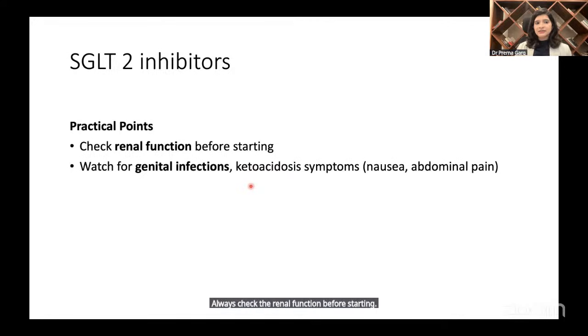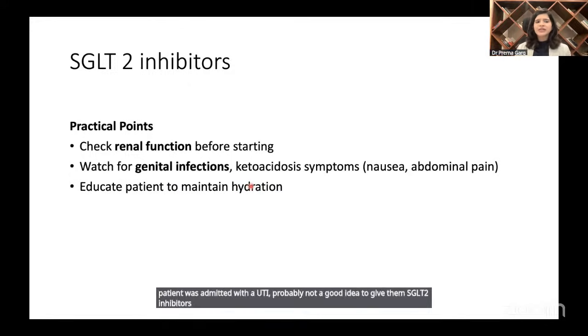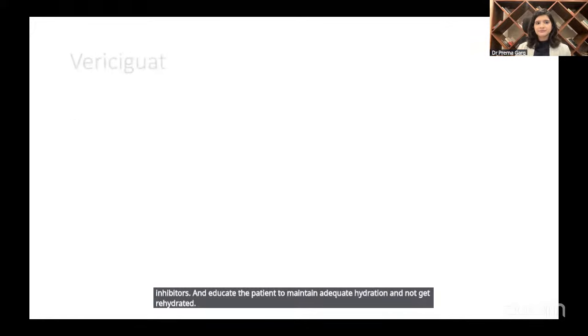Now, as Kshitij sir described, SGLT2 inhibitors cause excretion of sugar in the urine, so it is associated with increased risk of UTI and genital infections. So watch for these. If the patient was admitted with a UTI, probably not a good idea to give them SGLT2 inhibitors. And educate the patient to maintain adequate hydration and not get dehydrated.